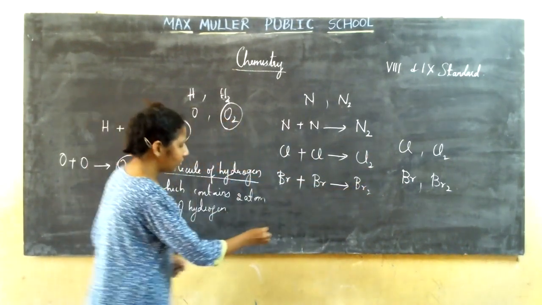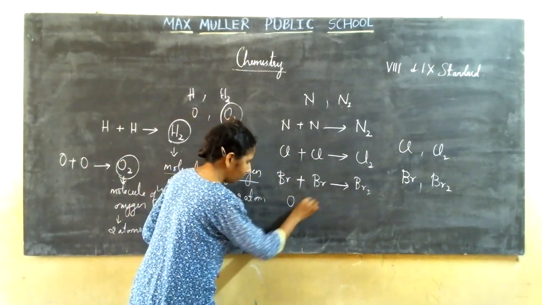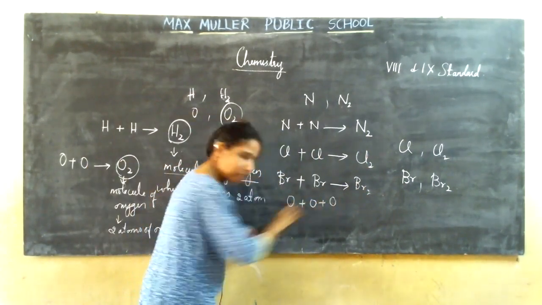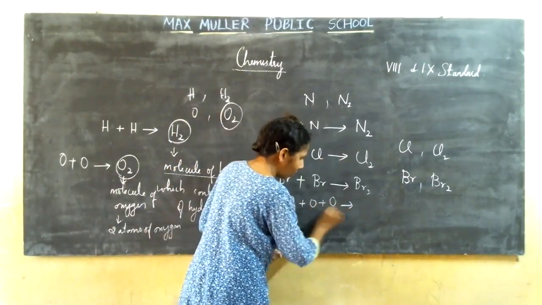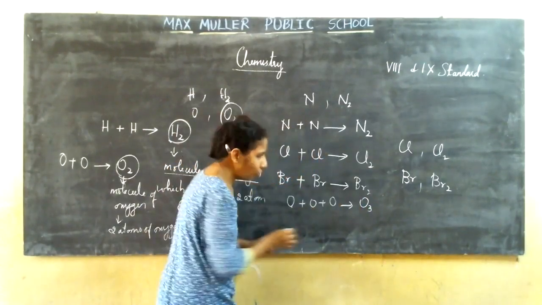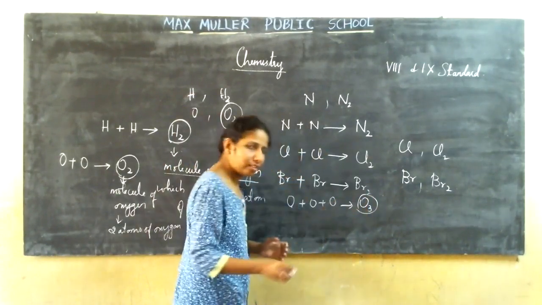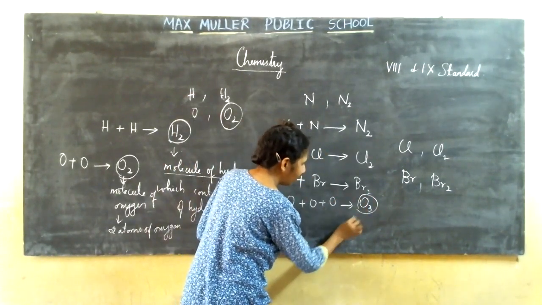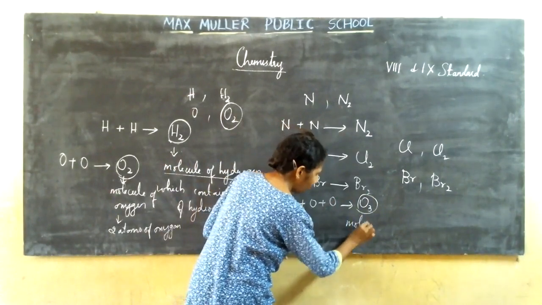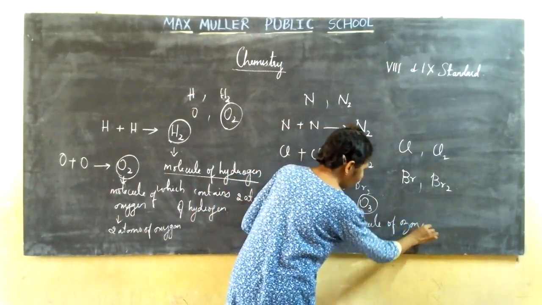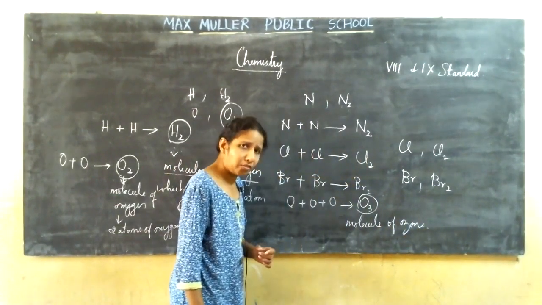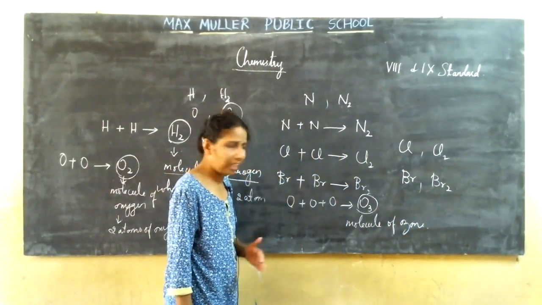Suppose three oxygen atoms combined together. So what will you write? 1, 2, 3. O3. What is this? O3, some of you may know. It represents a molecule of ozone. You know ozone? The ozone layer protects us from the harmful ultraviolet radiations.